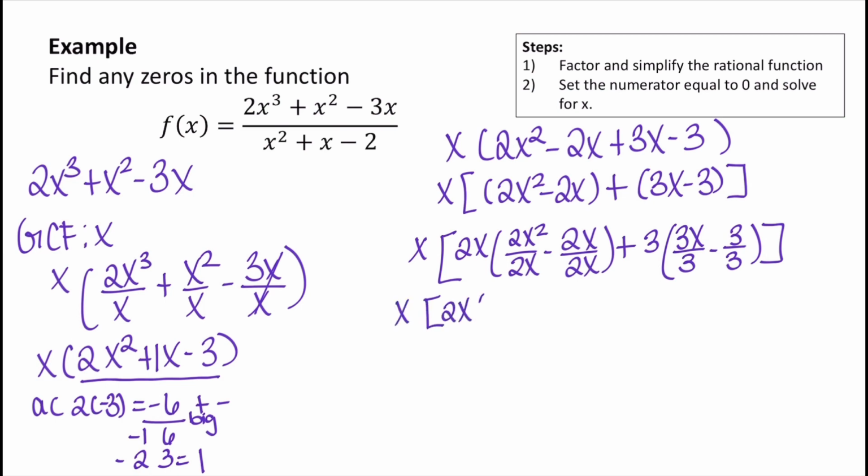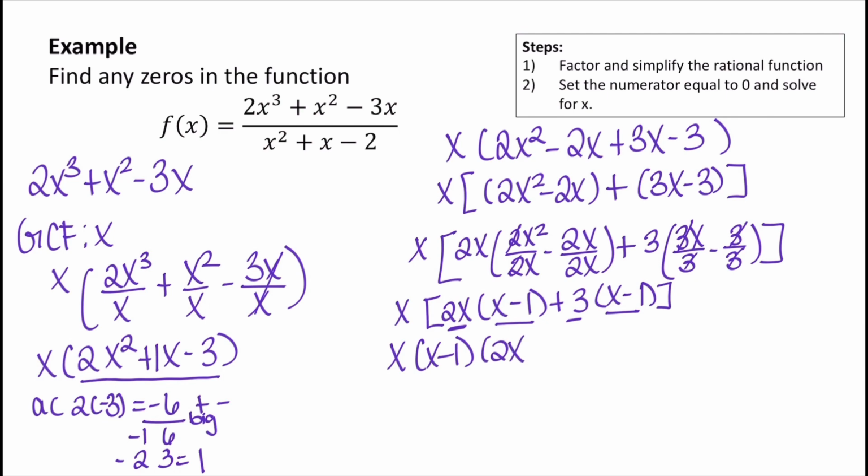I have 2x times, 2 and 2 cancel, x squared over x is x, minus 2x over 2x is 1, and then I have plus 3 times, 3 and 3 cancel, and we have x minus 3 over 3 will become 1. So now we have that common factor of x minus 1. So this is going to become x times x minus 1, and then we have what's left, that 2x plus 3. So that is the factored form of the numerator.